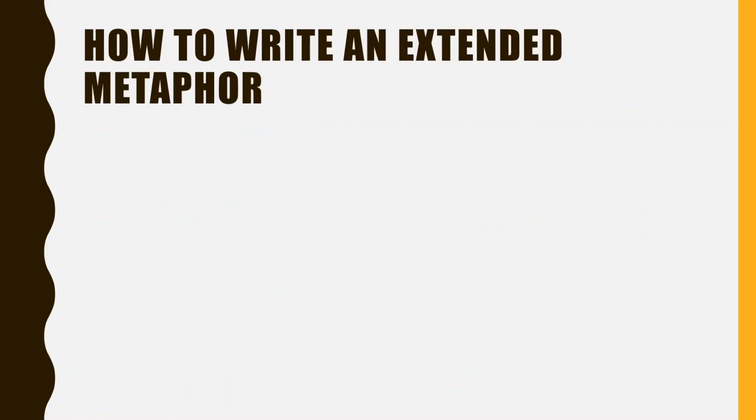Next. E in NERD stands for extended metaphor. Now, you hopefully know what a metaphor is, but just to recap, just in case you don't, if you say that something is similar to something else, then you're writing a simile. If you say that it is the same, it actually is that thing, then you're saying a metaphor.